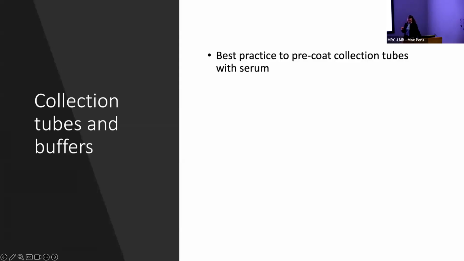However, if there's any perturbation throughout the sort, it might angle off slightly. If it hits the side of the tube, it's hitting hard plastic, which affects the cells in terms of impact, but also in terms of drying out. The droplets generated are very small in volume. So if you pre-coat the collection tubes with serum, it gives that cell a chance to slide down into the center of the collection tube first, so that it maintains viability.